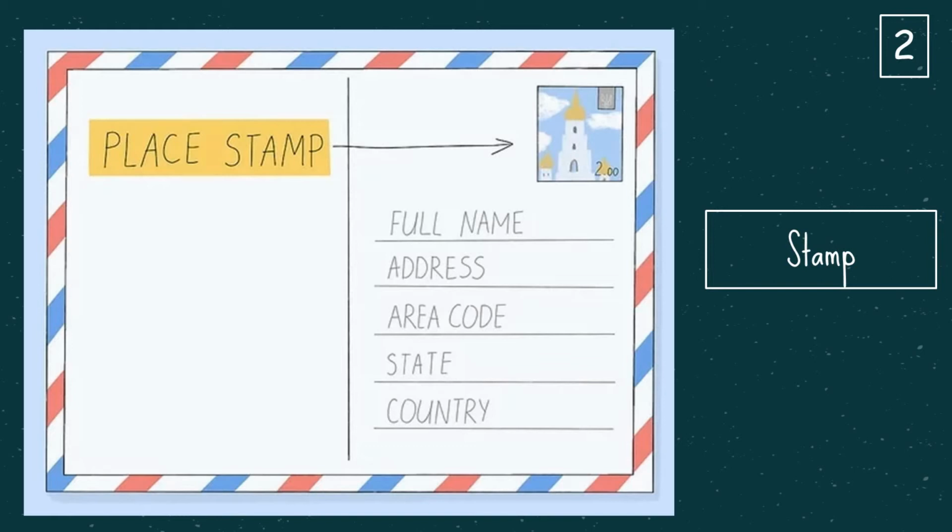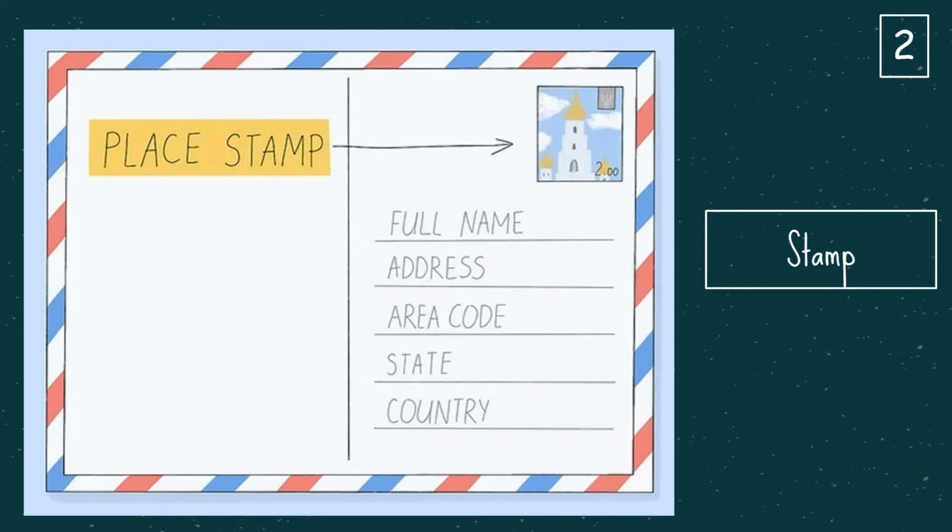How many stamps can we put on our postcard? You can put 1 or 2 stamps. Where can we find stamps? We usually can find stamps in a post office. So if you want to buy stamps, you can visit a near post office and then buy 1 or 2 stamps.